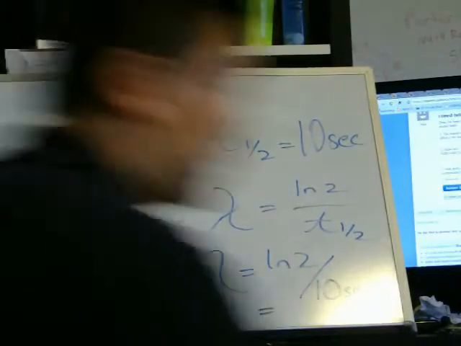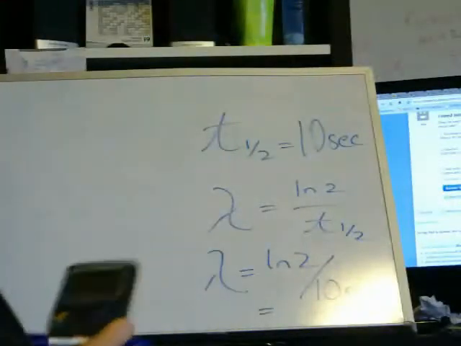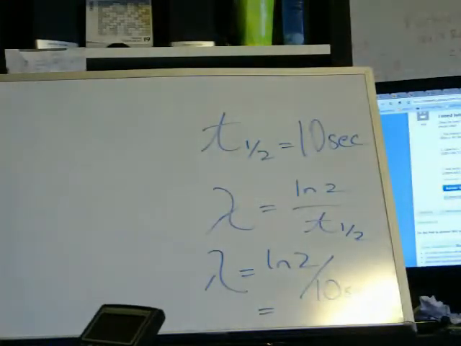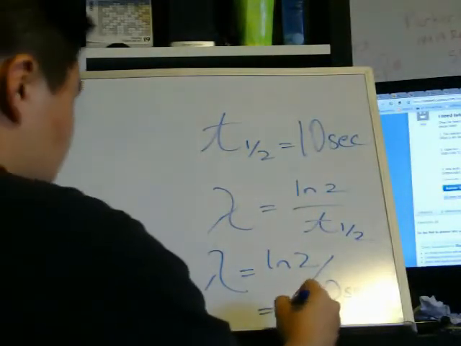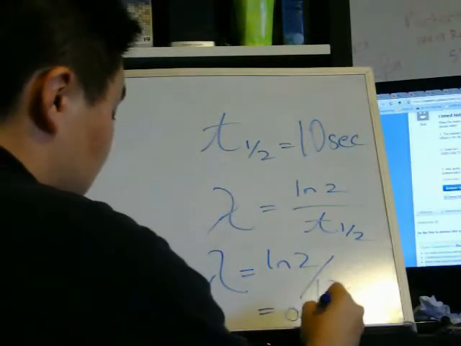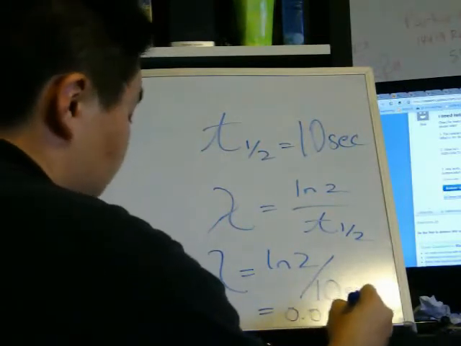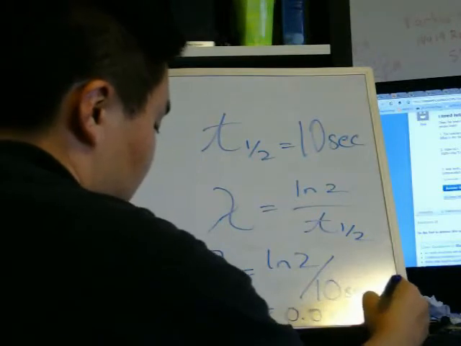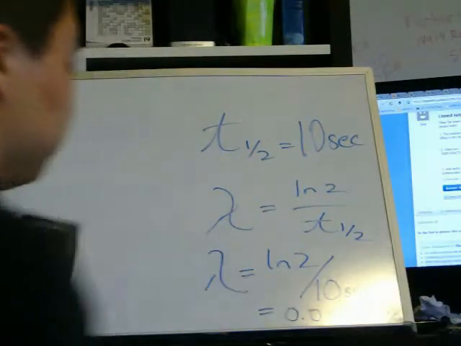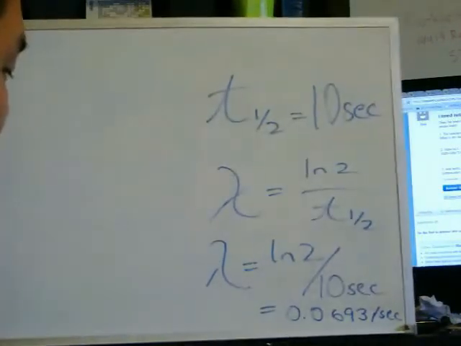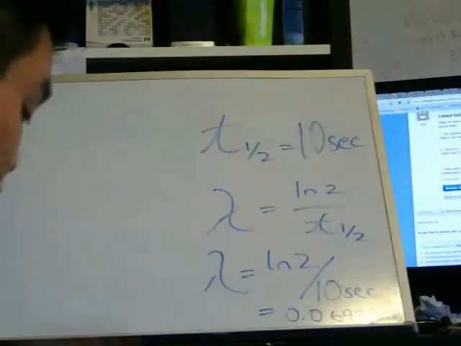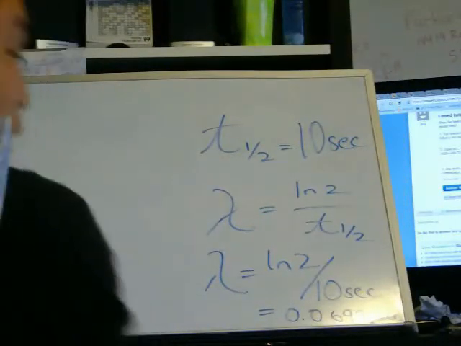So ln 2 divided by 10, your answer is 0.0693 per second. Okay, that answers your first question.